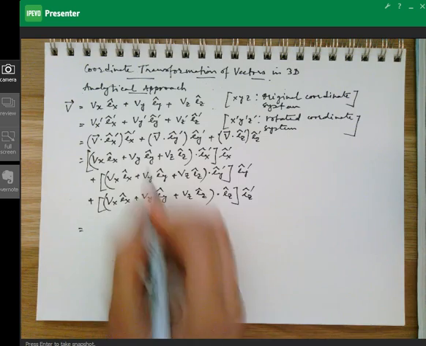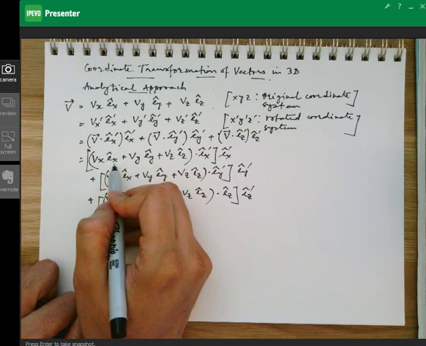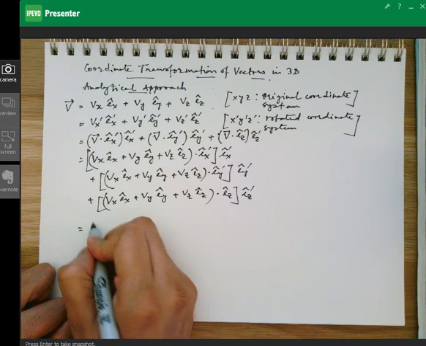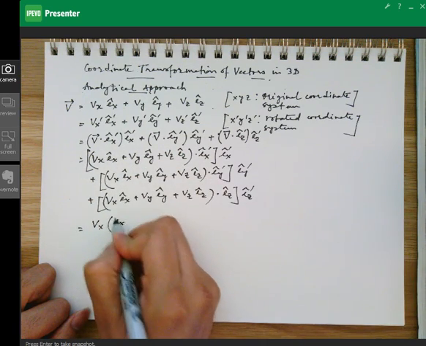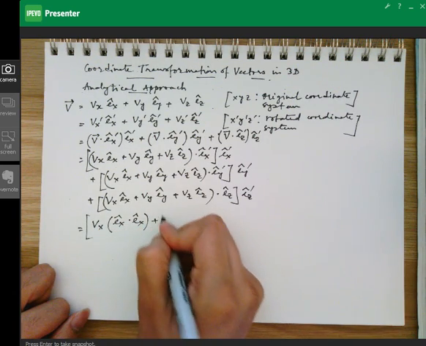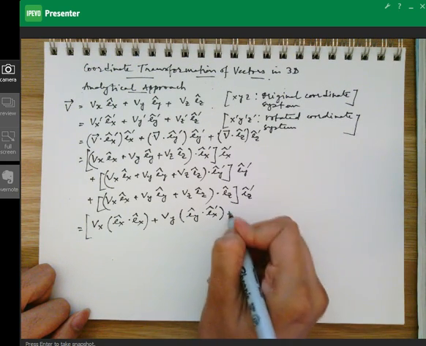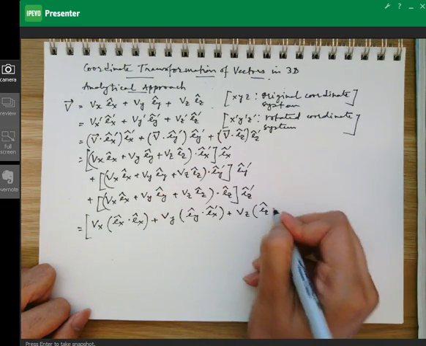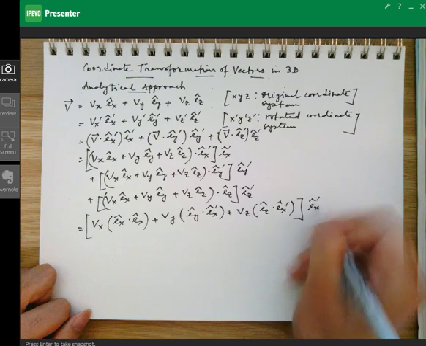Okay, now we do the dot products. vx, vy, vz are just numbers, right? So they come out and we essentially do the dot product between the vectors ex and ex prime. So this becomes vx, ex dot ex prime, plus similarly vy ey dot ex prime plus vz ez dot ex prime, and the whole thing, ex prime, is outside.